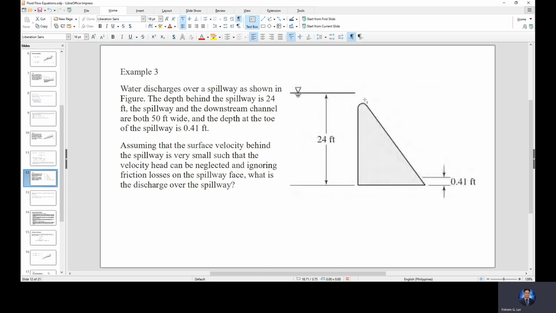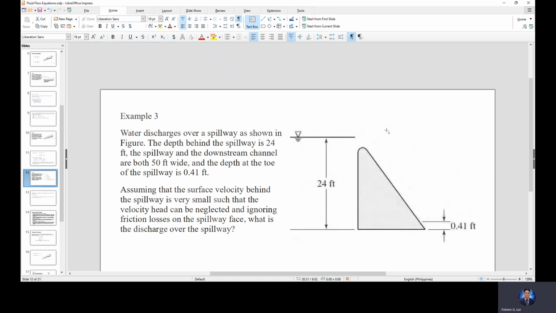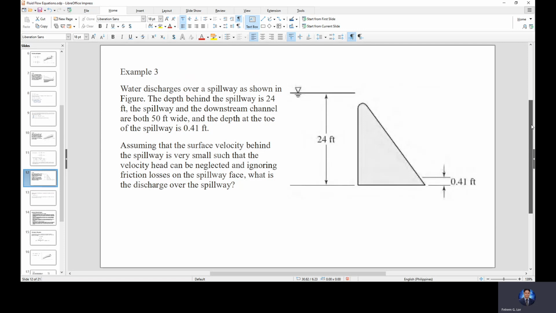As the water flows through this spillway, because this material has its roughness, in actuality it must have friction, so it must have an energy loss. But as I've said, for simplicity of this topic, we'll just ignore the friction losses.